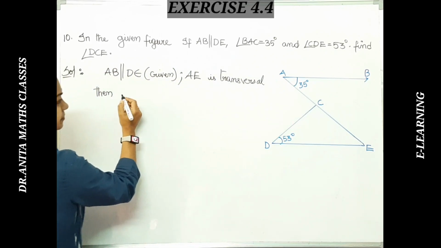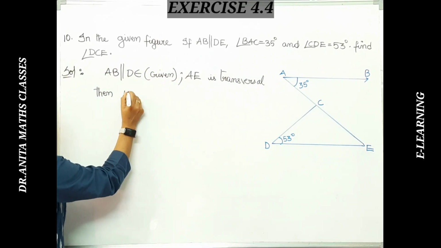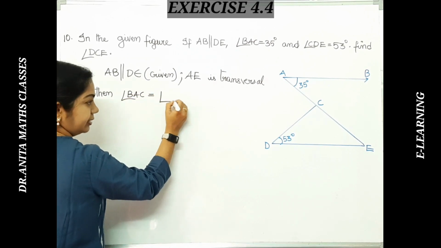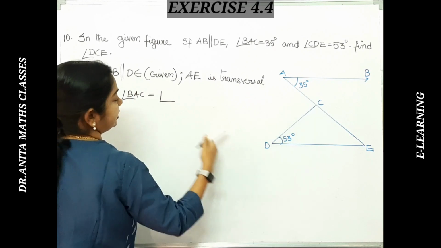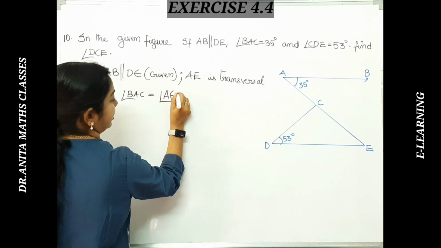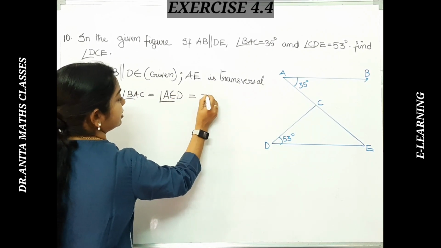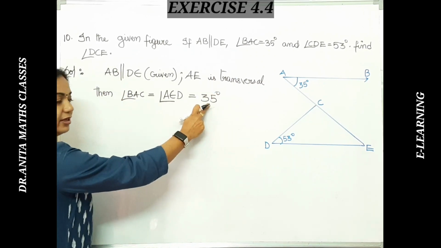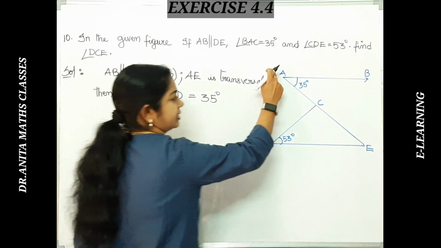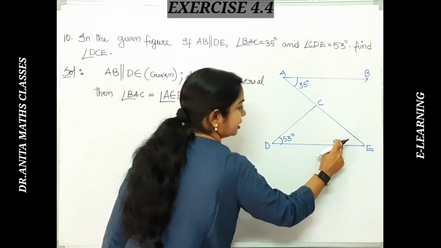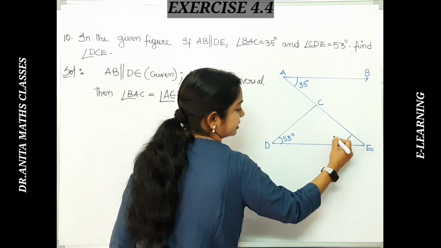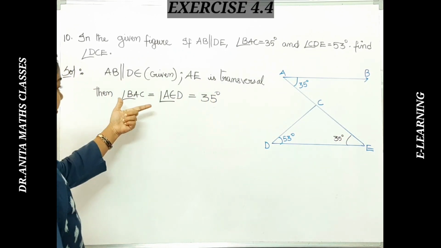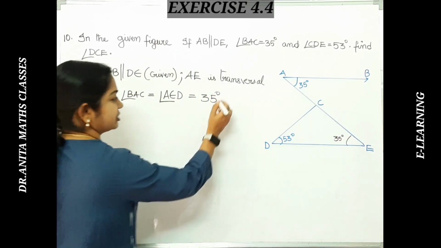Then angle BAC equals angle AED, which is equal to 35 degrees, because BAC is given as 35. Therefore, AED is also 35 degrees. We get this as 35 degrees, right?